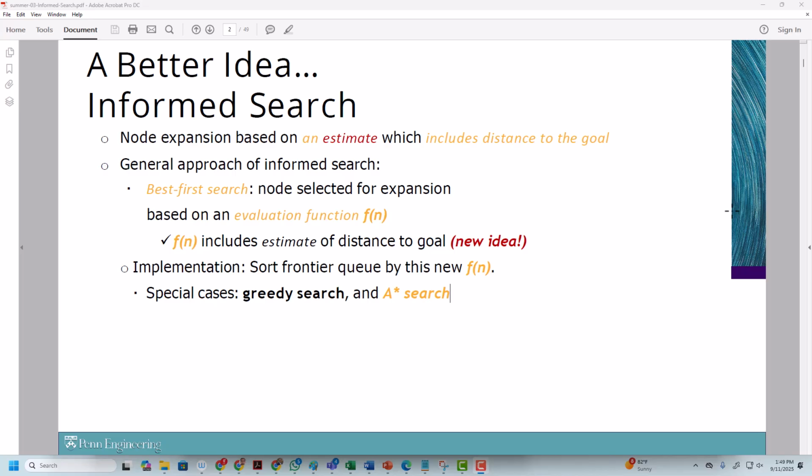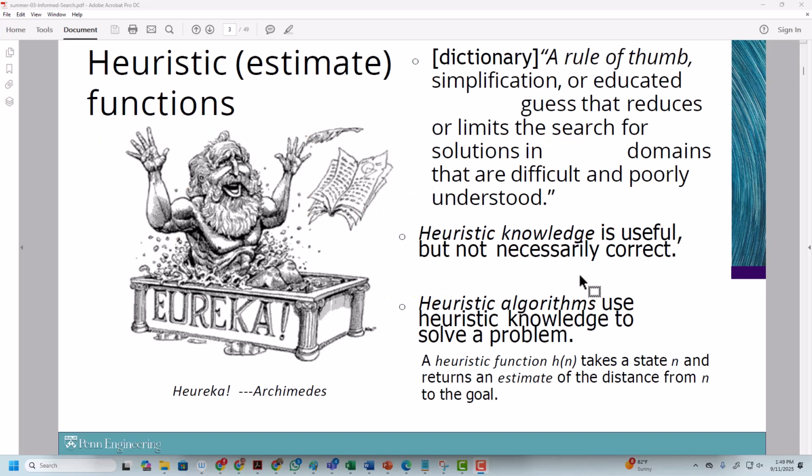The general framework we'll use is called best-first search. But before that, let's talk a little more about the heuristic. A heuristic is called a rule of thumb, simplification, or educated guess that reduces or limits the search for solutions in domains that are difficult and poorly understood.